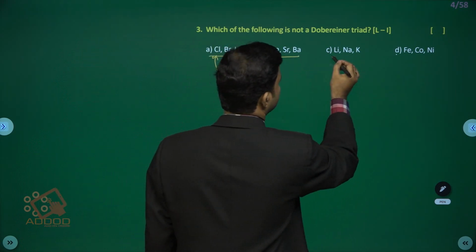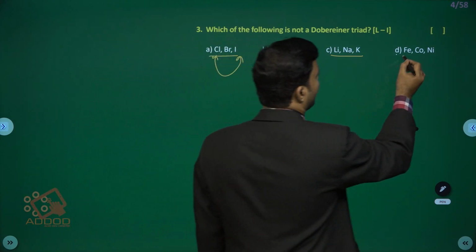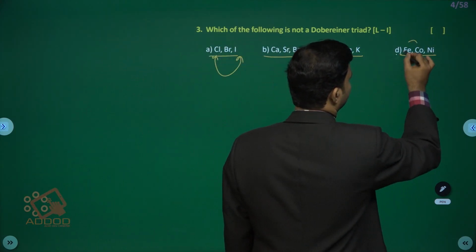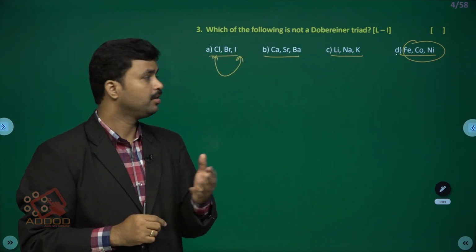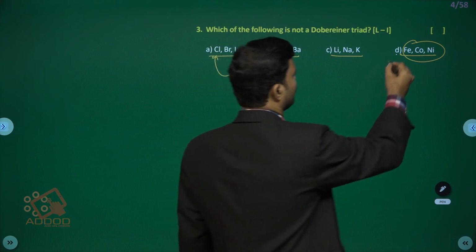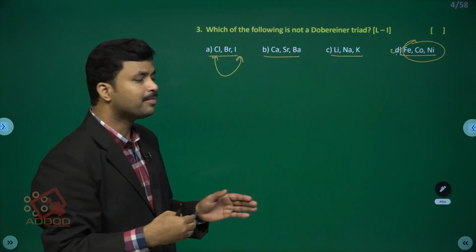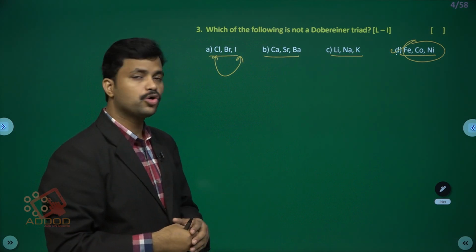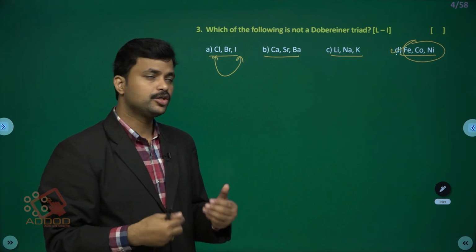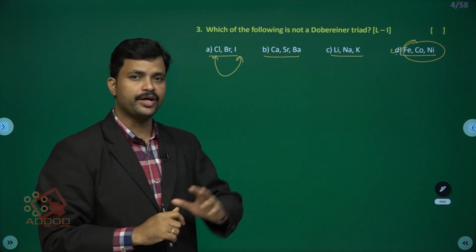But iron, cobalt, nickel are not an average; they are almost very similar in atomic masses, one unit here and there. They do not follow the average atomic mass concept. The average of iron and nickel atomic mass will never be equal to cobalt. That's why Dobereiner's triad has failed there. It's not a Dobereiner triad.